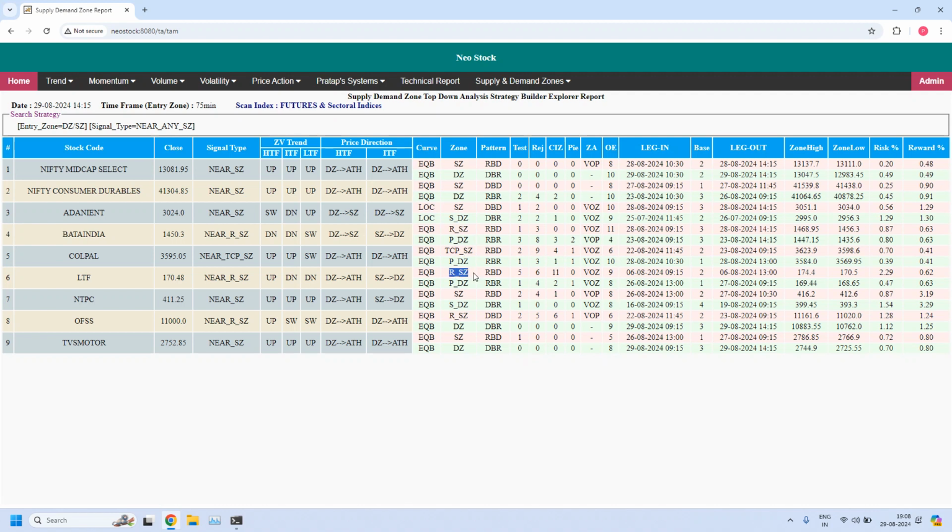Next, L&T Finance is having a high liquidity supply zone, already tested 5 times. OFSS is also not valid, it is already pierced. So total how many valid supply zones? Bata India and LTF. So we have 2 valid high liquidity 75 minute supply zones from this list. The remaining 2 are pierced, so they are invalid.